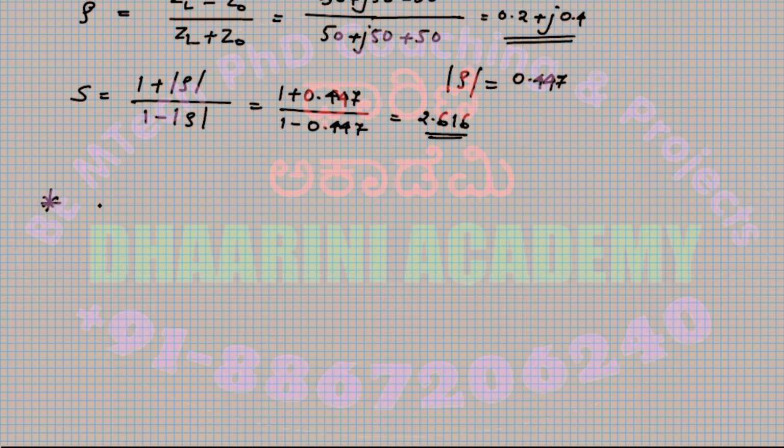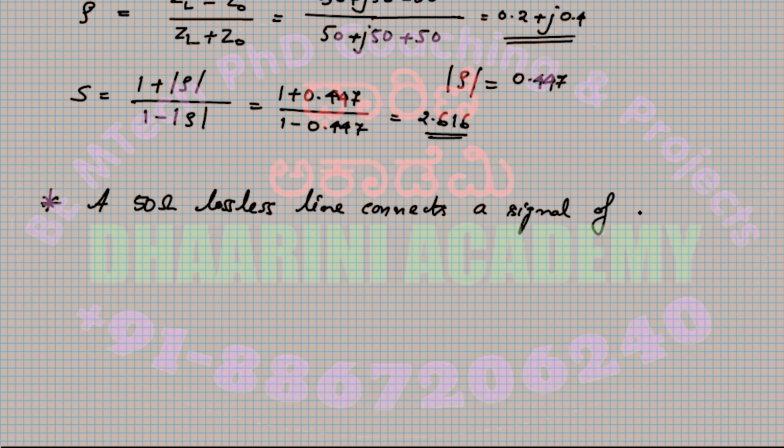Okay, the next question is a 50 ohm lossless line connects a signal of 300 kilohertz to a load of 100 ohms.